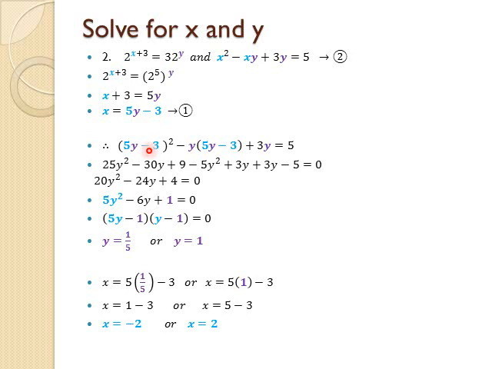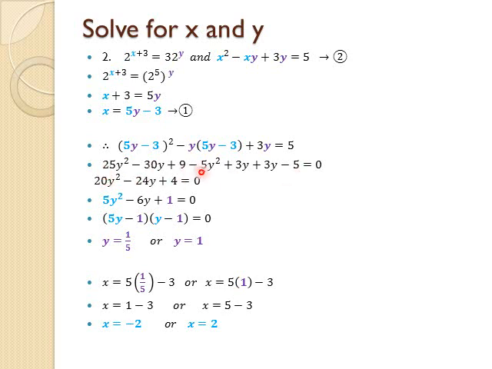Negative 3 times negative 3 gives me plus 9. Minus 5 times 5y becomes minus 5y squared. Negative times negative become positive. 3 times y would give me 3y. That stays 3y. And if I bring 5 across, it was positive there, it becomes negative on the other side.